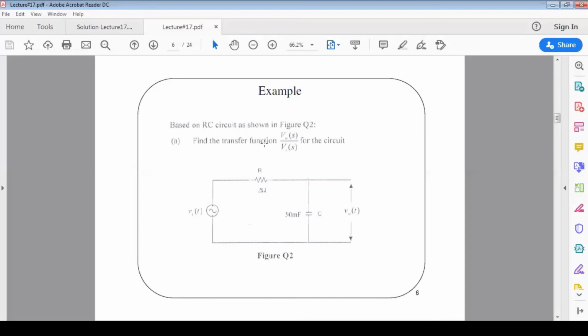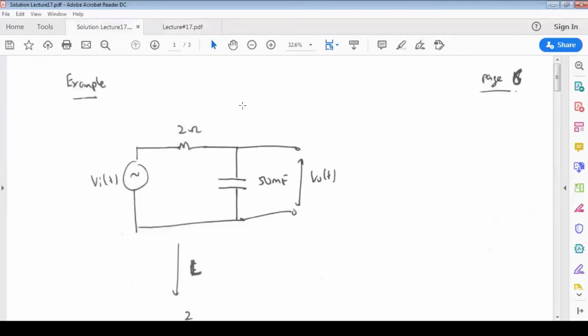The transfer function should be in Laplace transform, which is V naught S over VIS. V naught S basically is the output voltage across the capacitor over the input voltage VIS. So how do we calculate the transfer function for this example?